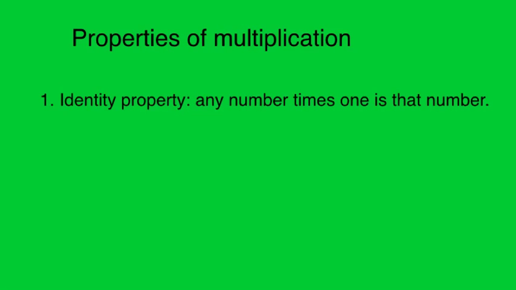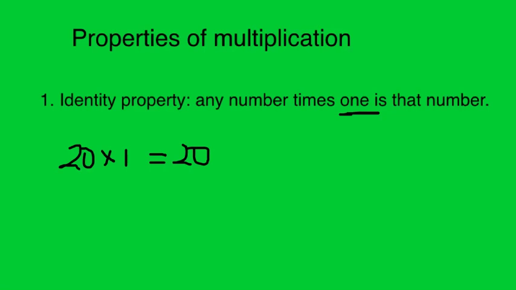Okay, so now let's take a look at the properties of multiplication. There will be 4 properties of multiplication. We had 3 with addition, but there'll be 4 with multiplication. The first one that we'll look at is the identity property, which says any number times 1 is that number. So let's say I take 20 times 1, I'm going to get 20.